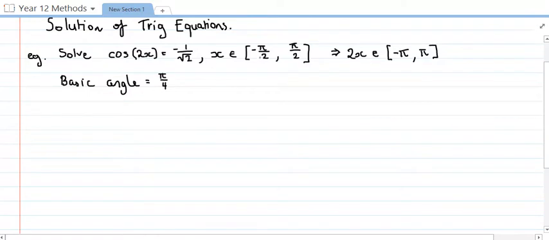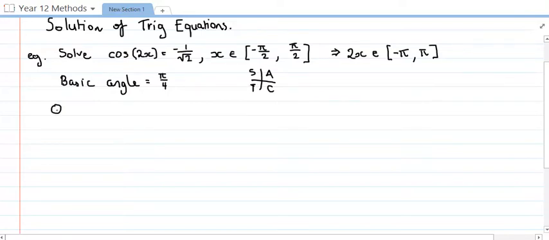You might be familiar with the diagram. It has A, S, T, C, just like this. So cos is going to be negative in the left-hand side, where only sine and tan are positive, okay? So we're looking for a second quadrant and a third quadrant solution.